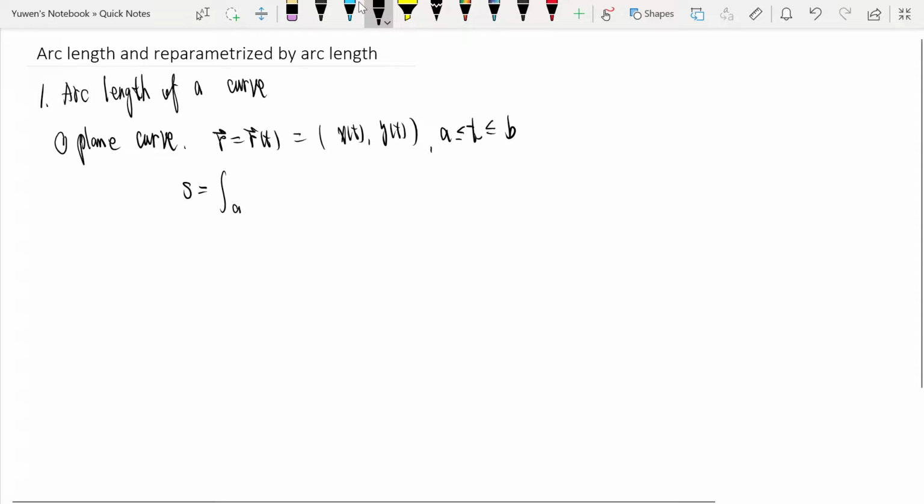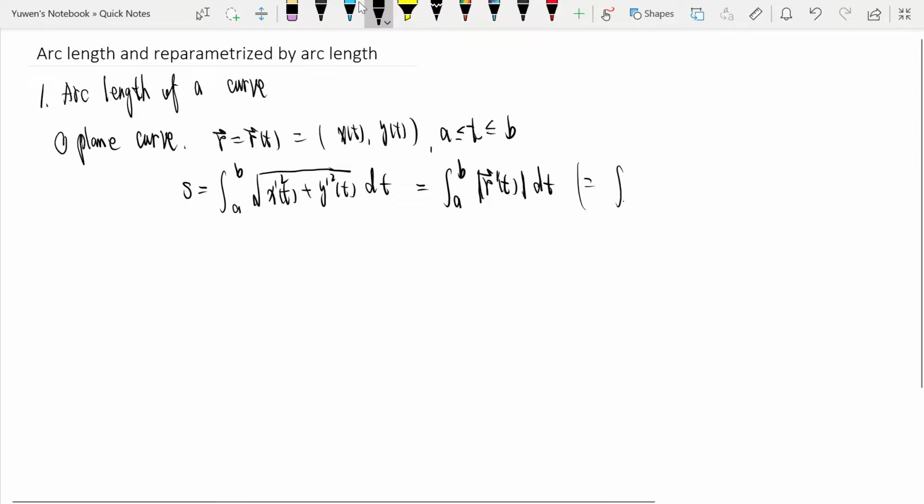Then the arc length is the integral from a to b of the square root of x's derivative squared plus y's derivative squared, dt. Or we can write that as the integral from a to b of the length of the derivative of r(t), which is the speed.